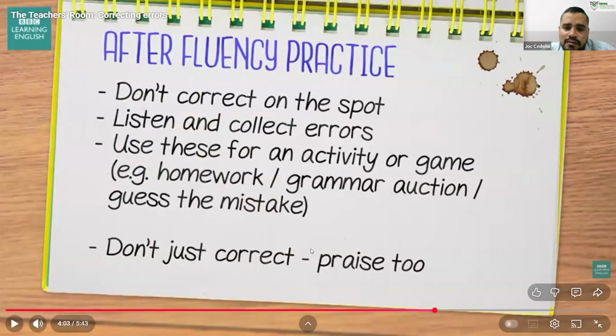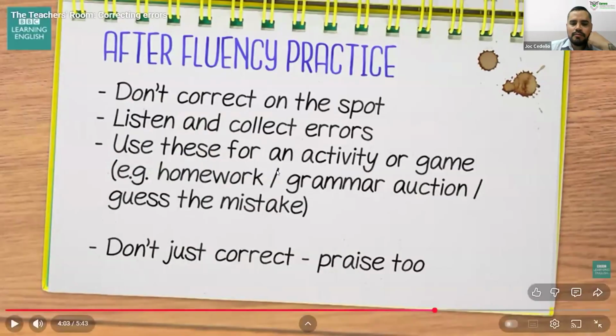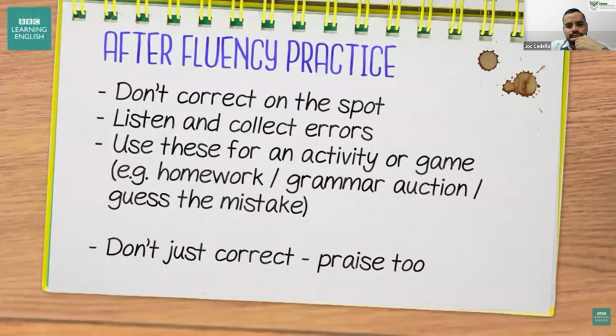Praising is also important. What is the meaning of praise? Praise, don't just correct, praise too. What is the meaning of praise? Praise means when you say a positive word or a positive gesture or a positive thing to your students.